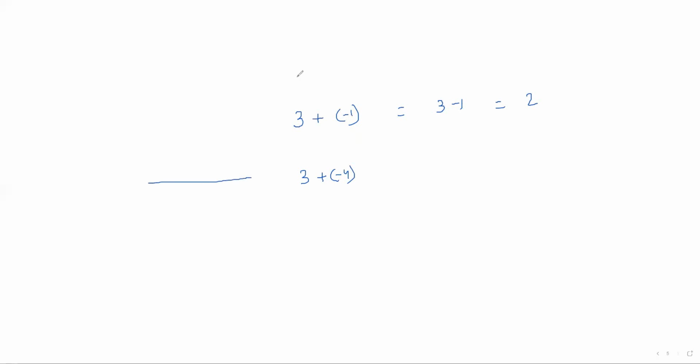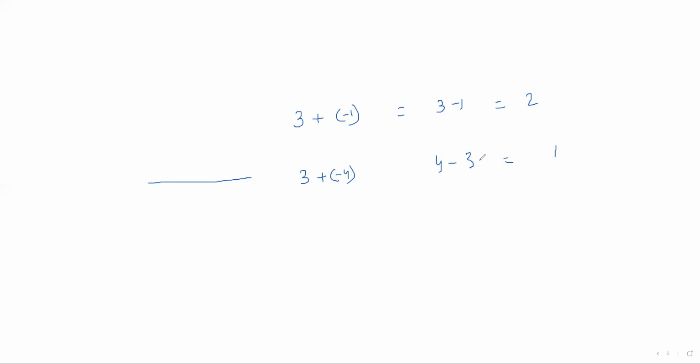Or the other way is, one is a positive and the other is a negative number. So you can take the highest number, that is 4 here, and the lowest number, and find the difference. You get 1.